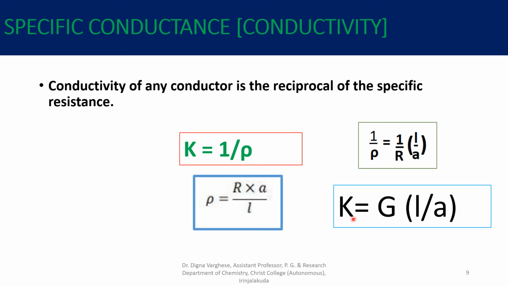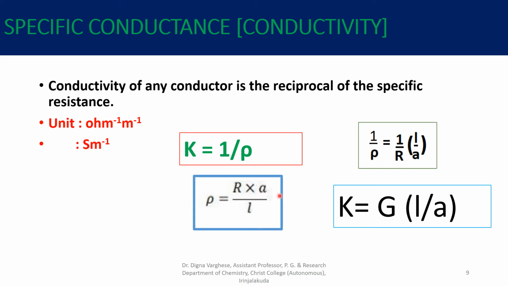So, K is equal to G into L by A. The unit of specific conductance or conductivity is ohm inverse meter inverse, or Siemens meter inverse.